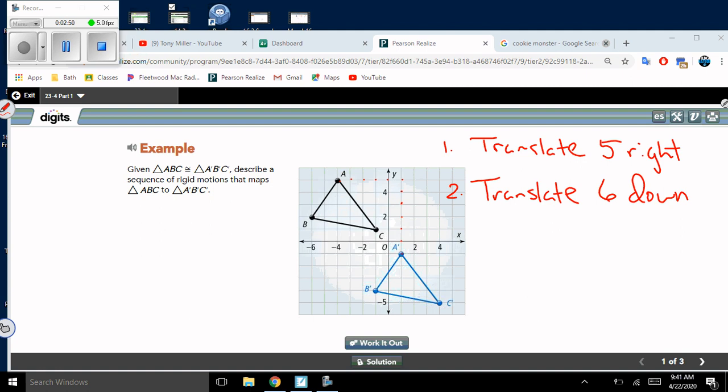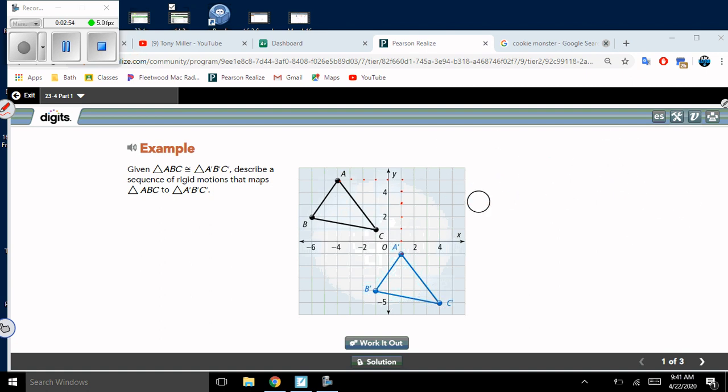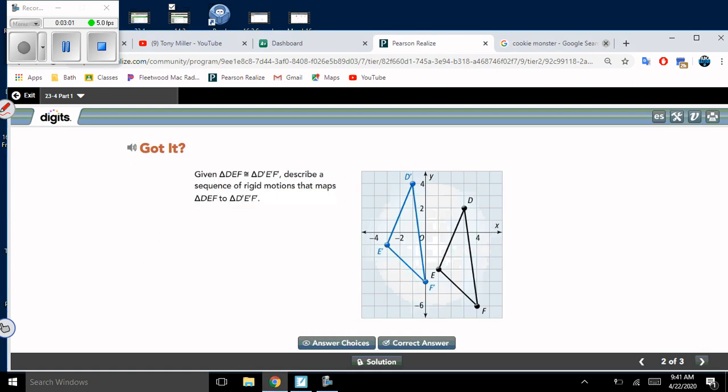So a translation, and we'll learn this about slide 3 here, a translation followed by a translation, in essence, creates a translation. All right? Take a look at DEF here being translated to D prime, E prime, F prime.